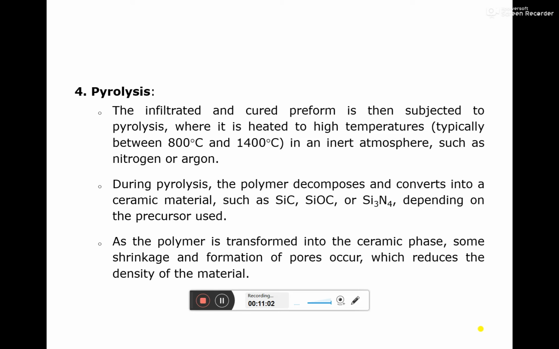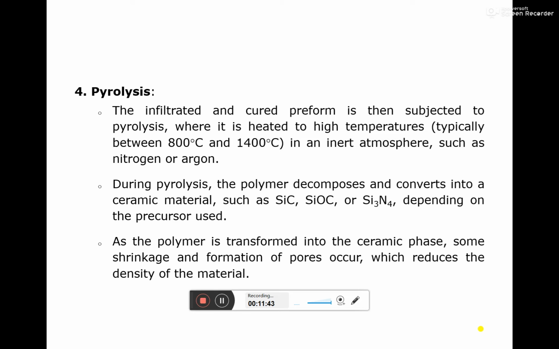This heating in an inert atmosphere is known as pyrolysis. During pyrolysis, the polymer decomposes and converts into a ceramic material, like SiC, SiOC or Si3N4, depending upon what type of precursor you used.